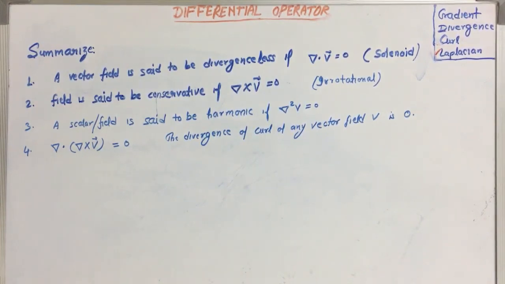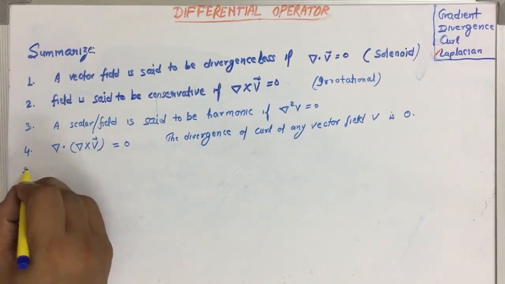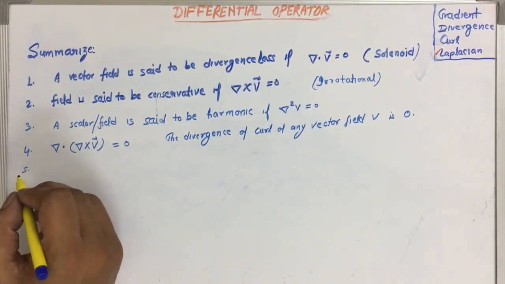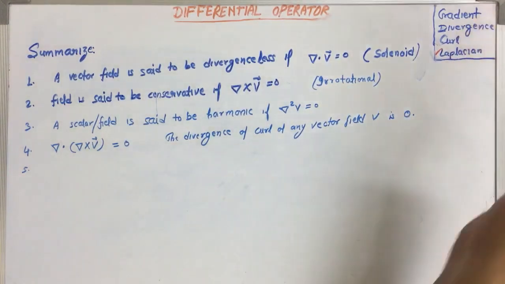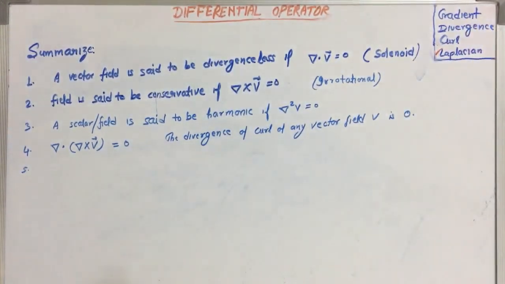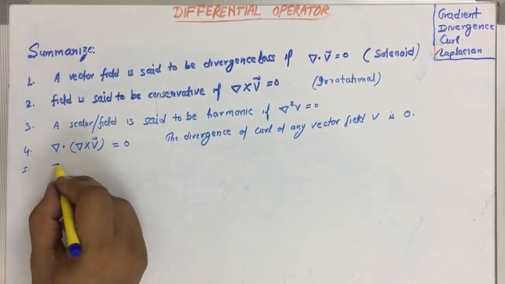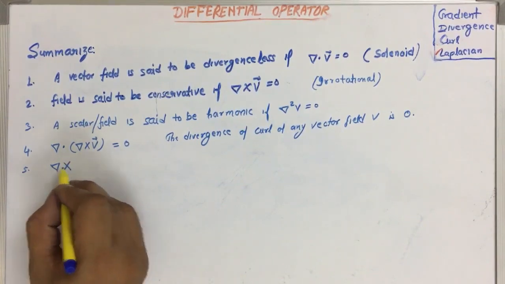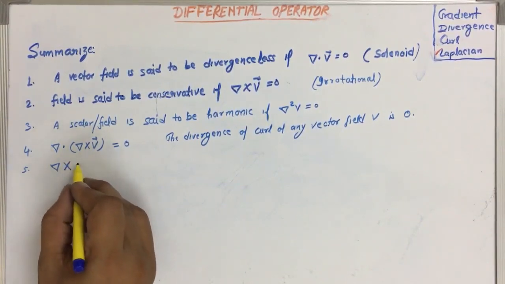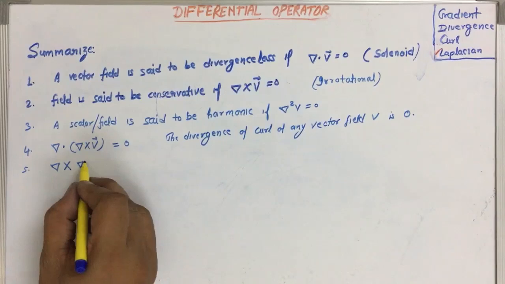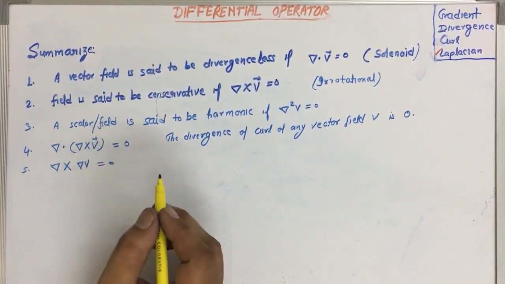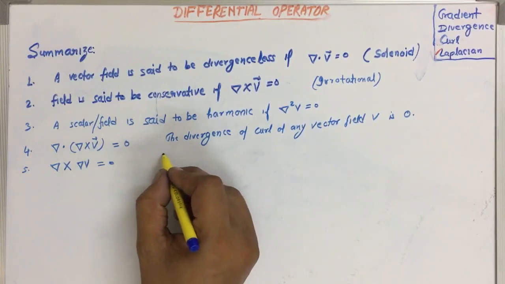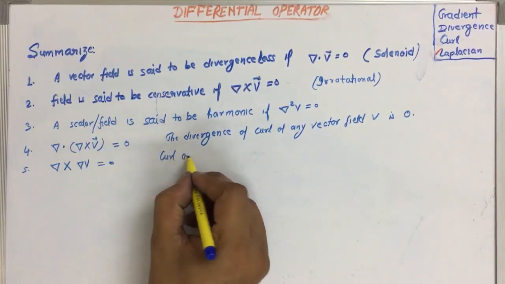Now the next point that is very important to note down, the curl of gradient of any scalar quantity is 0. Okay, so note it down like that.